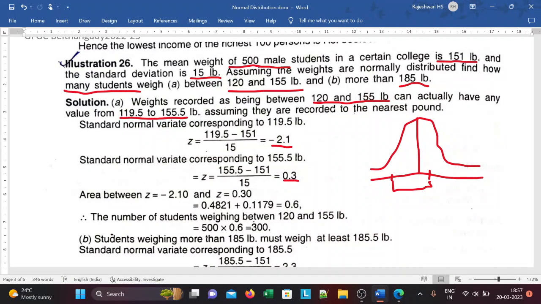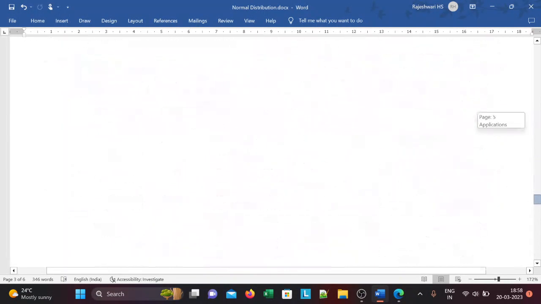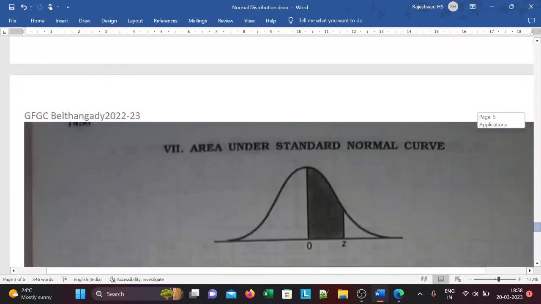In order to convert this, minus 2.1, we have Z values. We have a separate table called the normal distribution area table, which gives us the actual values. For this we need to check the table of area under the standard normal curve.